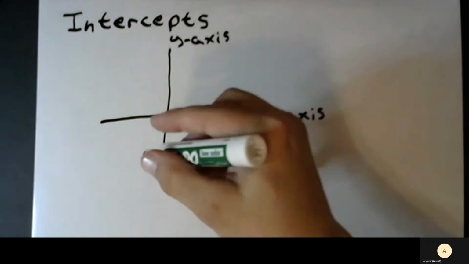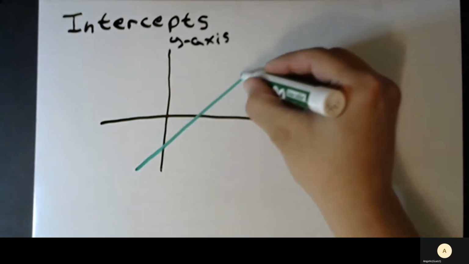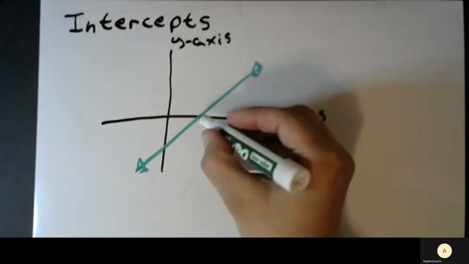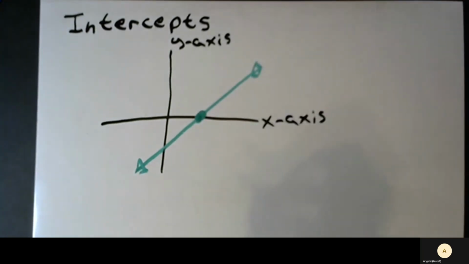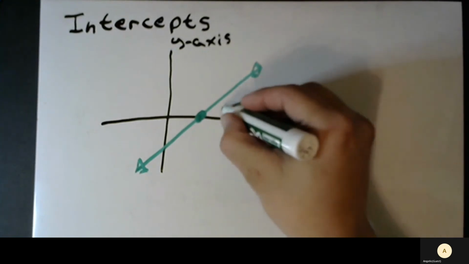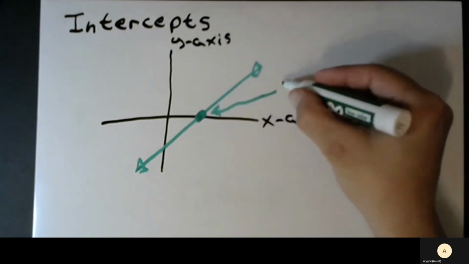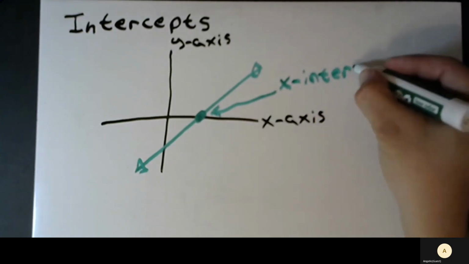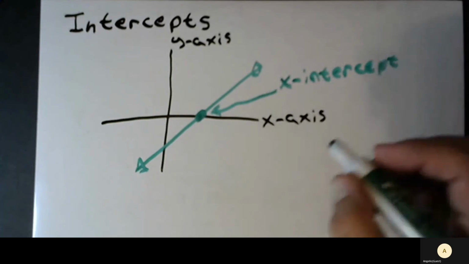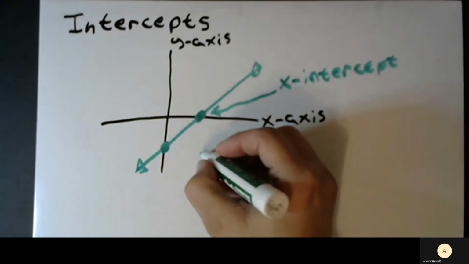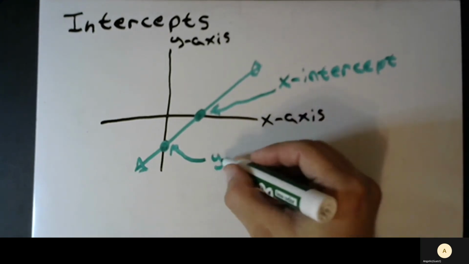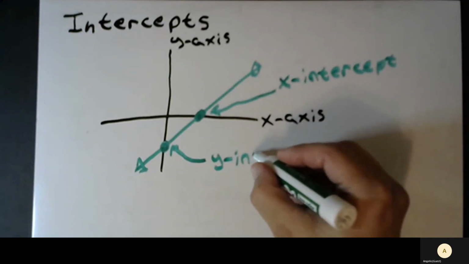So when we graph a line, if it crosses over the x-axis, at that location, we have an x-intercept. And if it crosses the y-axis, at that location, we have a y-intercept.